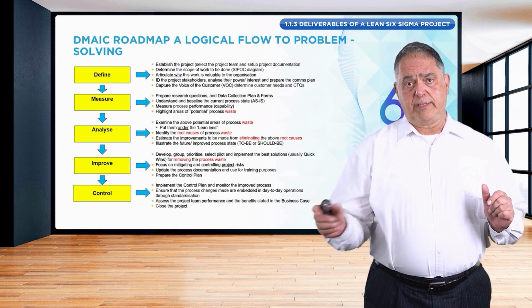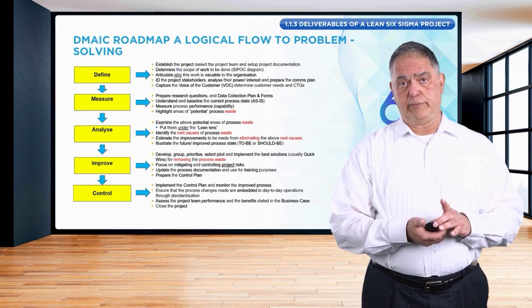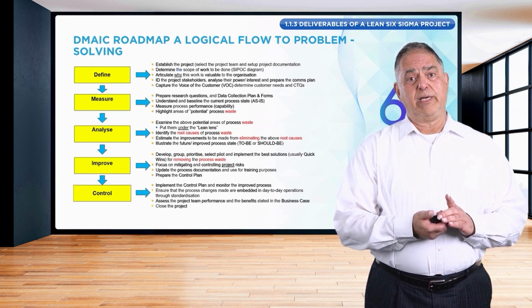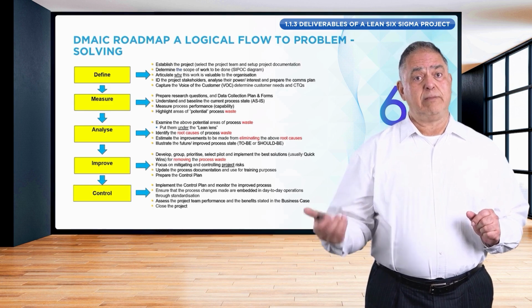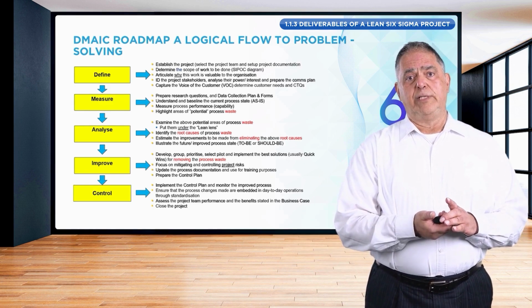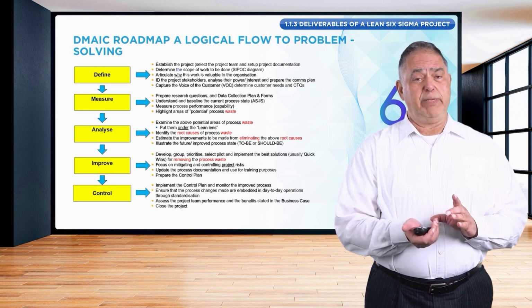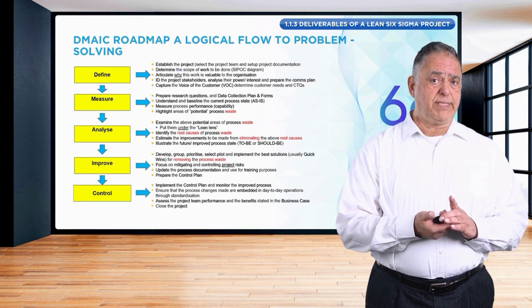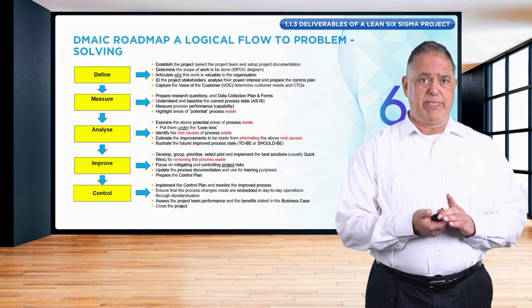The second bucket is what we call medium-term solutions. These are process changes that require more time, more money, and more resources. So typically, a medium-term solution may take anything between 3 months and 6 months in order to be implemented.